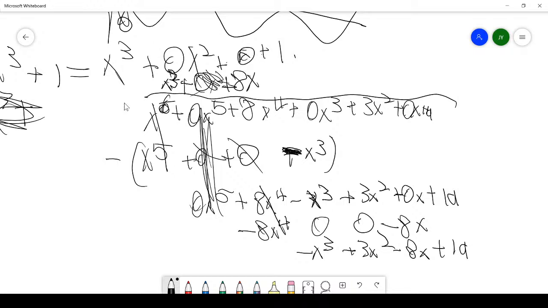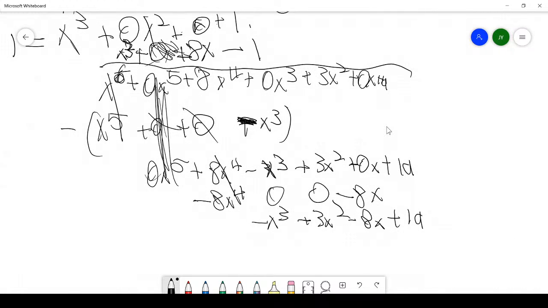Try to fit x to the third in here, so we get negative 1. Multiply everything by negative 1, so x to the third plus 0 plus 0, and 1 is multiplied by negative 1, so a negative 1 except you make it positive again, so this just becomes plus 1.